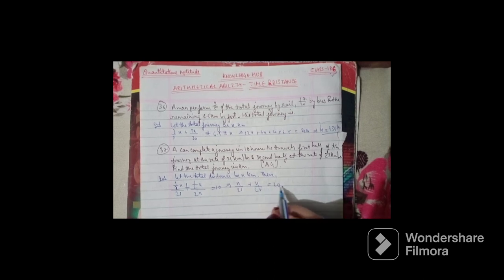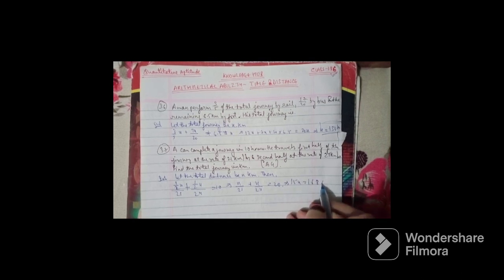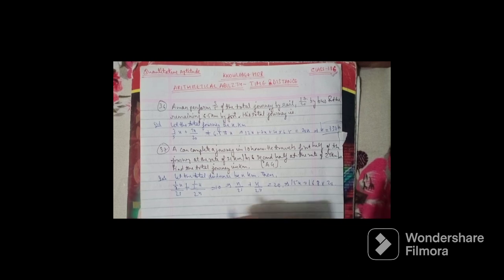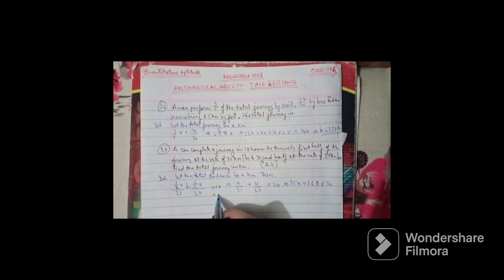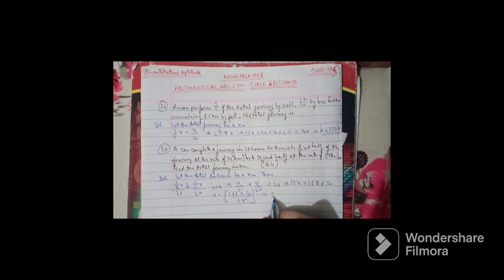So 15x equals 168 into 20. x equals 168 into 20 upon 15, which will give you 224 km.